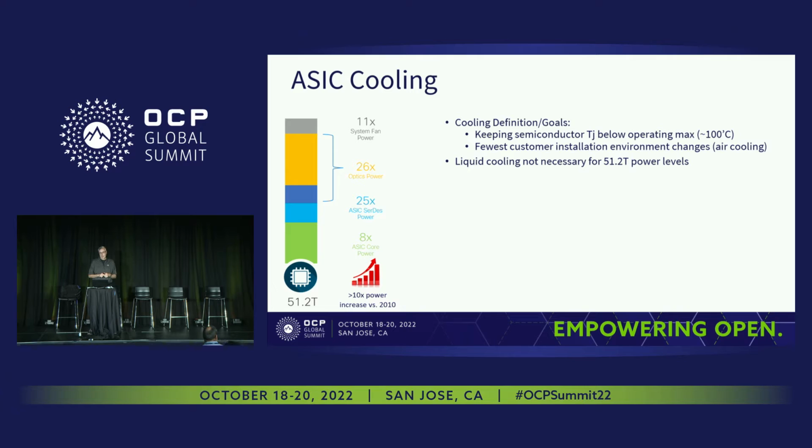So, say for example on TSMC, they'll say our next generation process node is 30% less power on the digital rails, and then they won't really tell you as much about what happens to the analog voltages and things like that. But in general, if we look at this in the system context from 2010 to the 51 tera land, you can see here on the chart how power is scaling.